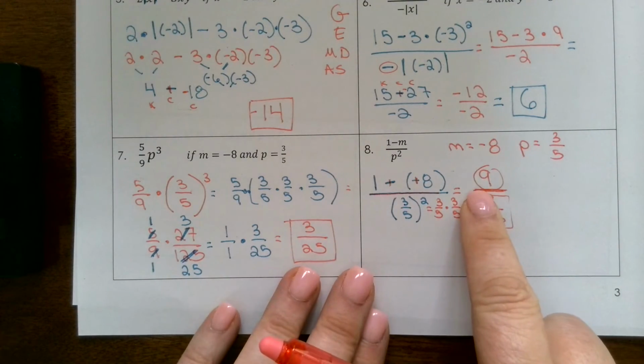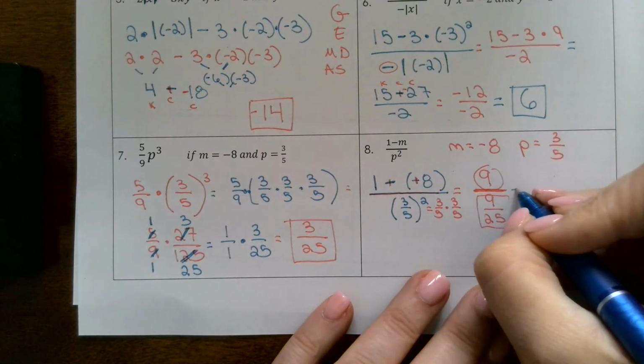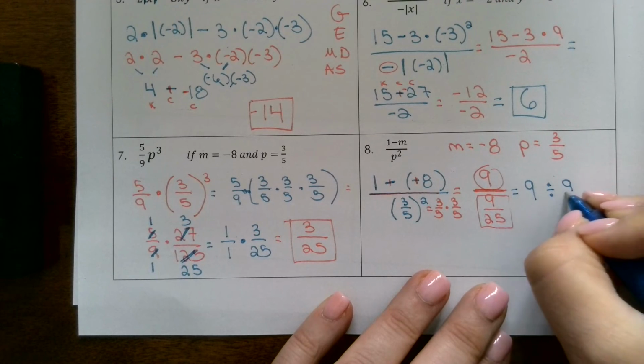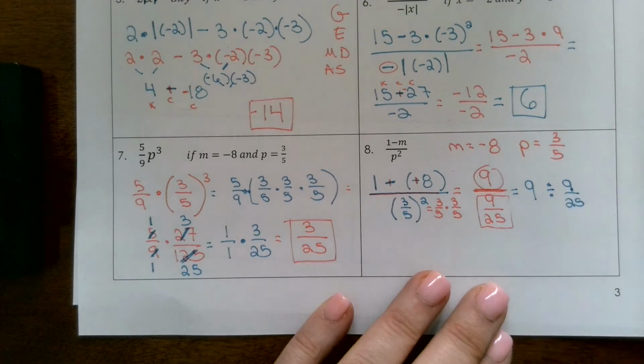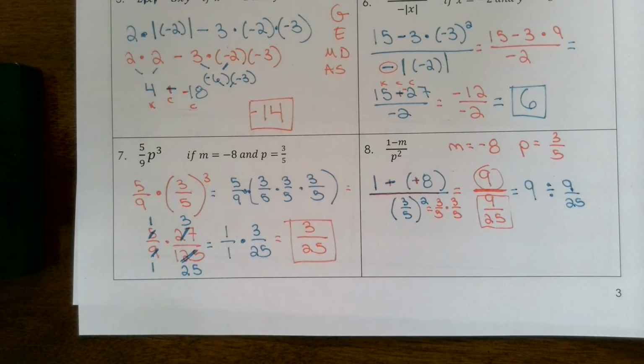And fractions are division. So my numerator, where I started, is saying 9 divided by 9 over 25. And I write it this way because it's the most efficient way to divide and multiply fractions, horizontally.